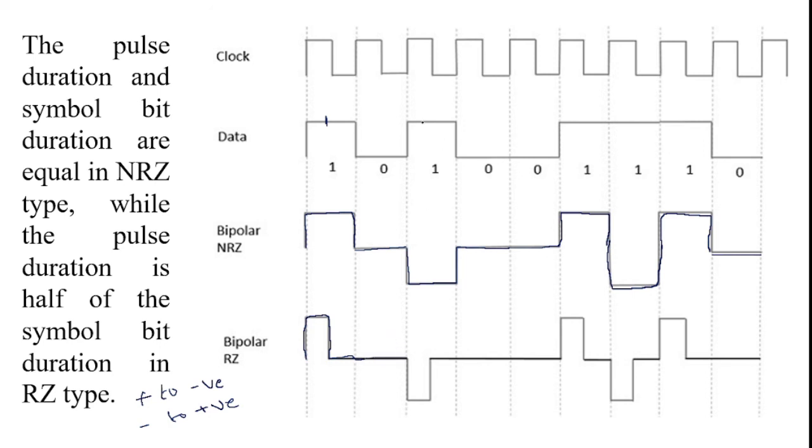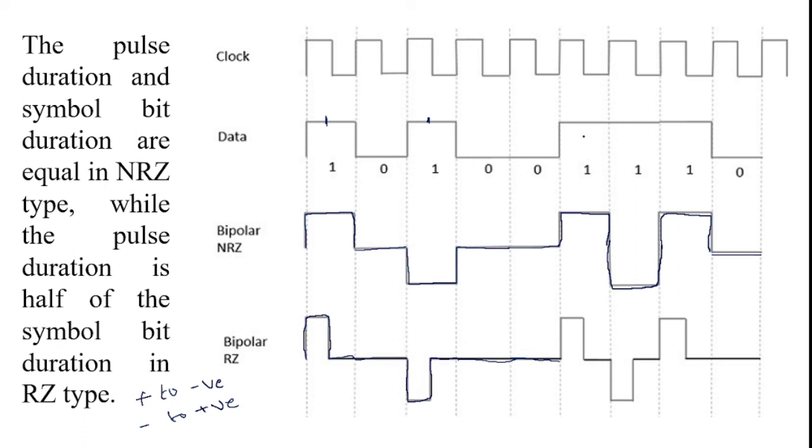This is a positive pulse. Now the next high data has half of the bit duration negative, and the remaining half of the bit duration is a zero voltage level. And this is low data, a zero voltage level, and again low data, a zero voltage level.